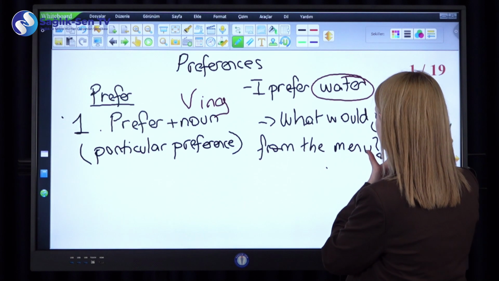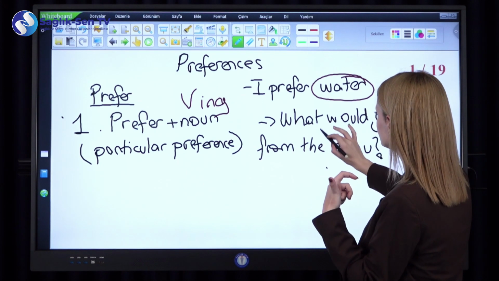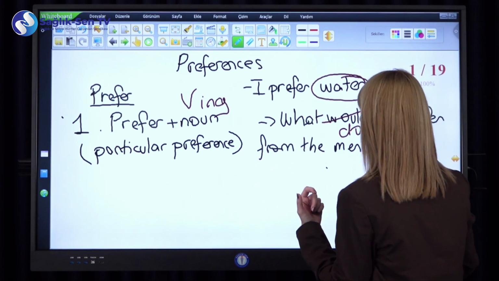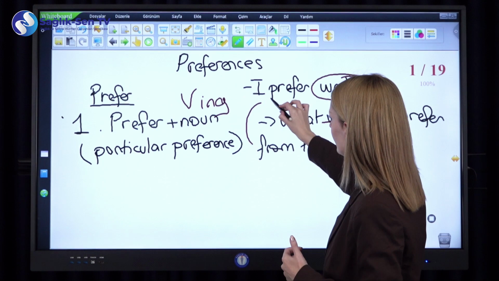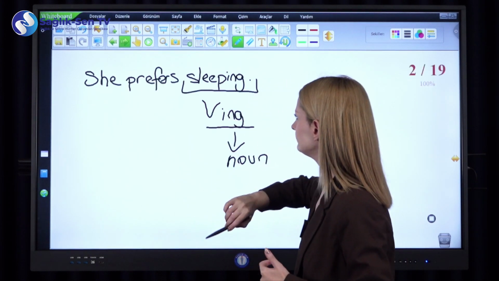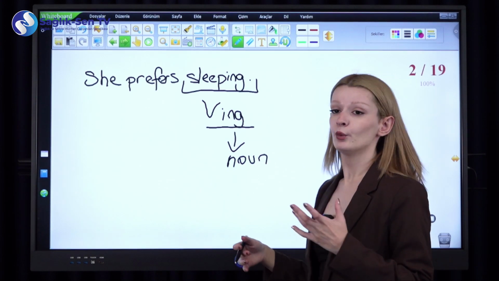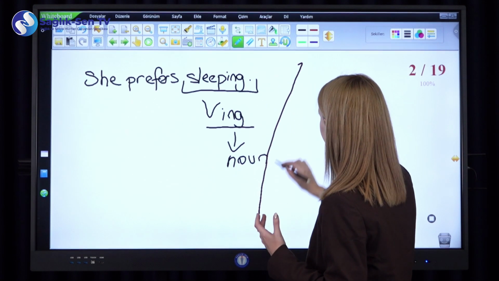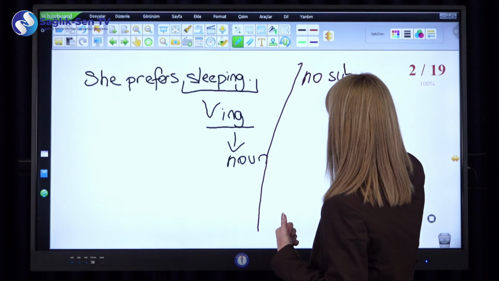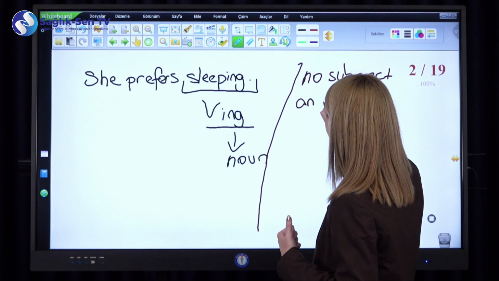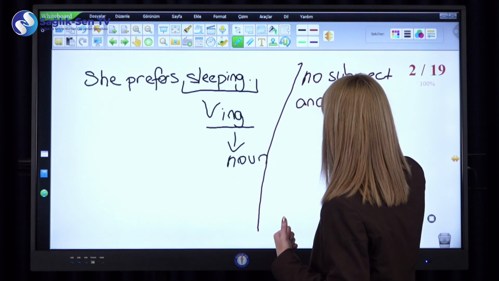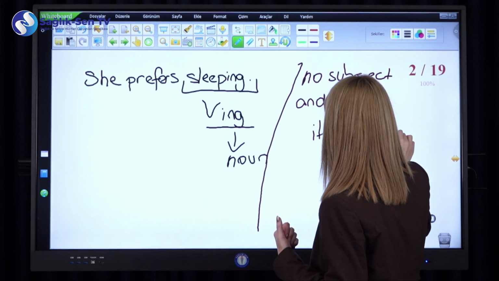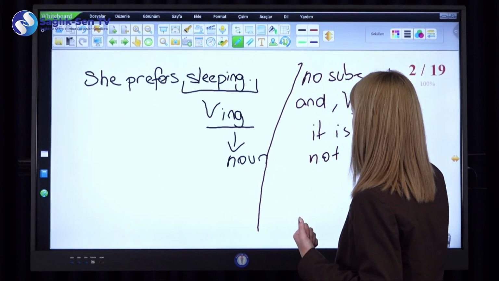What would you prefer from the menu? I could just say, what do you prefer in this particular example? And the answer may be this. She prefers sleeping. We studied that when there is no subject. And if you can see verb ing, it is a noun, not a full sentence.